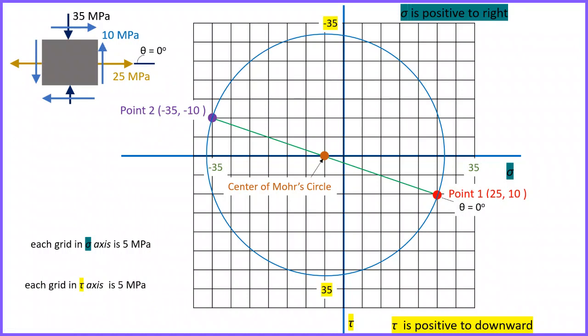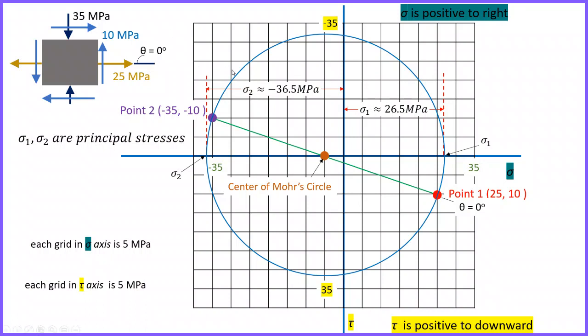These are sigma 1 and sigma 2, the principal stresses, and we can easily calculate their values by taking the distance from the origin, the center of the coordinates.